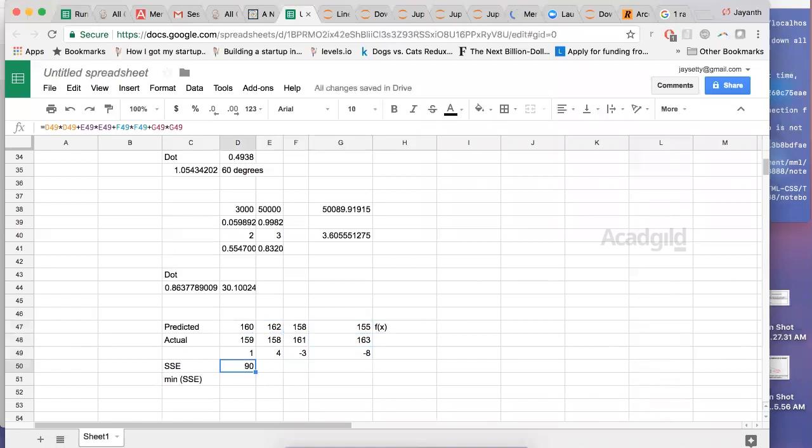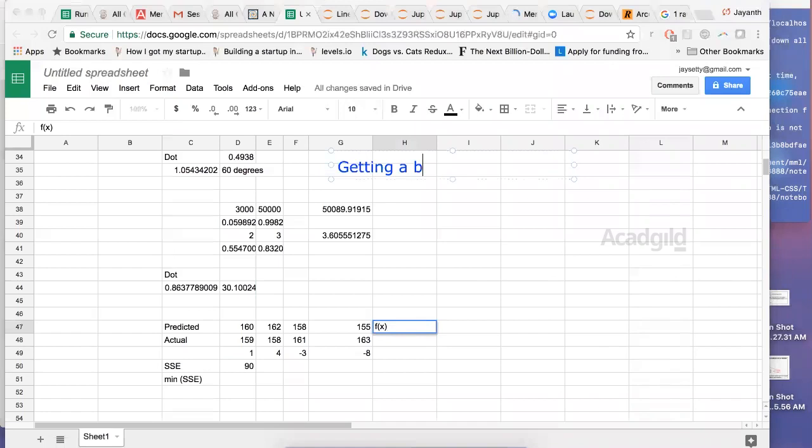Ideally, my 90 should drop down to 0. That's the perfect function, but in reality, you never get that. Even if 90 becomes 80, that's great. So, getting a better f of x. I'm going to write a statement.